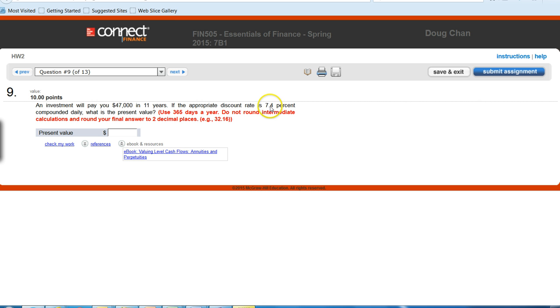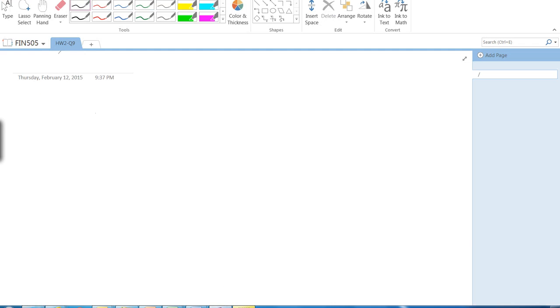As we said, we need to divide 7.4% by 365 to get the daily interest rate. But do not get that number in your calculator for the intermediate step. You can just directly input the whole thing into the calculator later. Alright, so let me use the OneNote just to solve this question so you can see better what I mean.